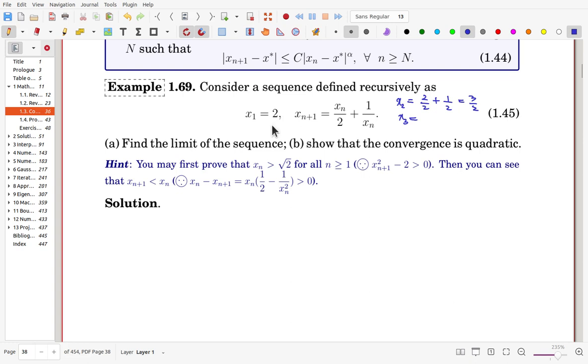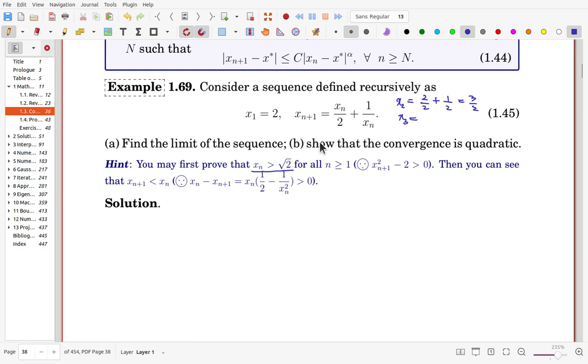Also mathematically, we can prove that xn is decreasing. And we can also prove that xn is larger than the square root of 2 for all n. A hint is given so that you can prove this one.